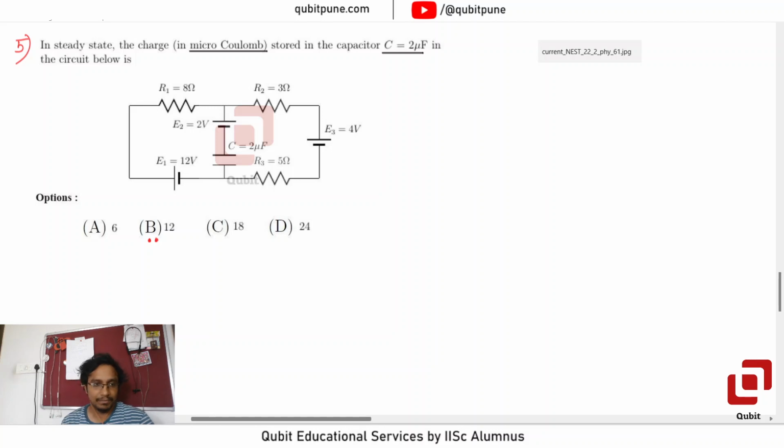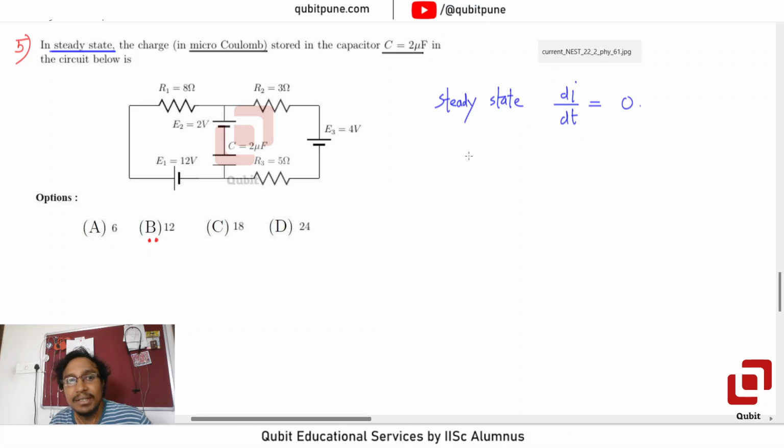Okay. I will now explain this problem. 12 is right. First thing is that we have to correctly interpret this. What does steady state mean? Steady state means di by dt is 0.